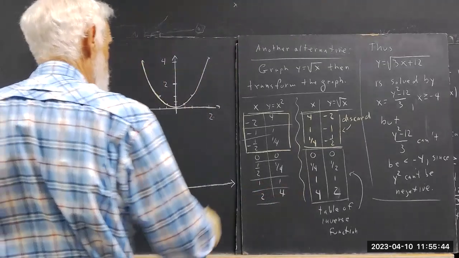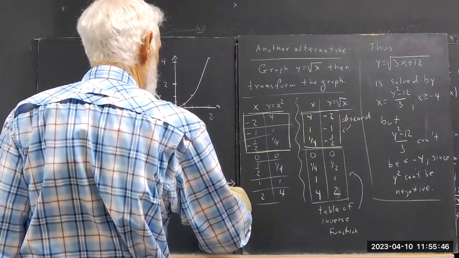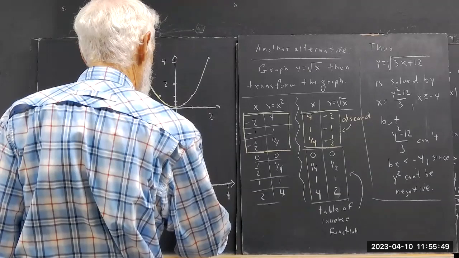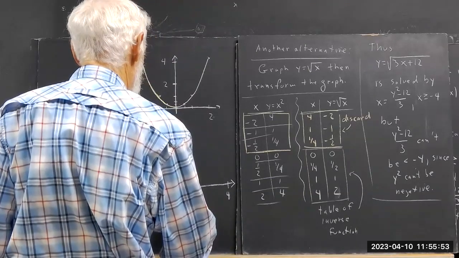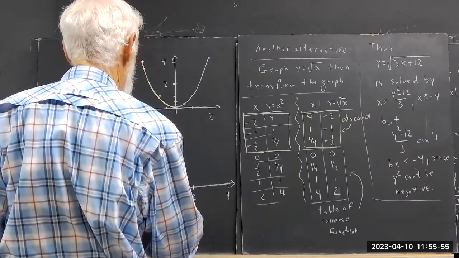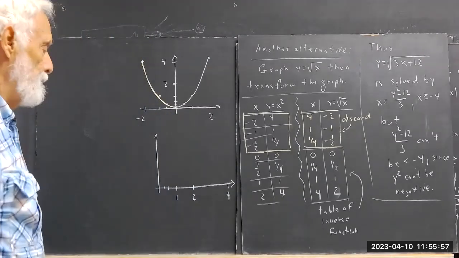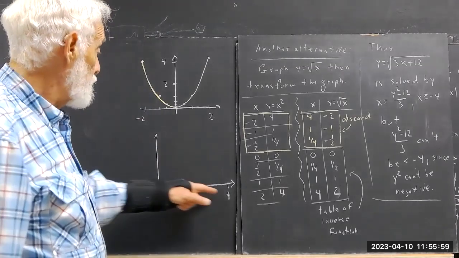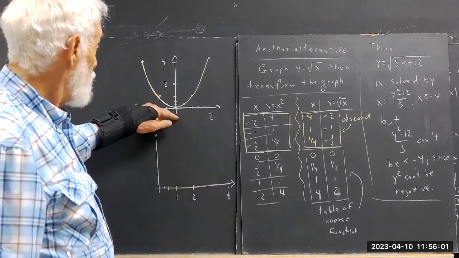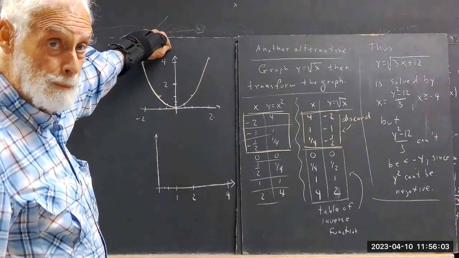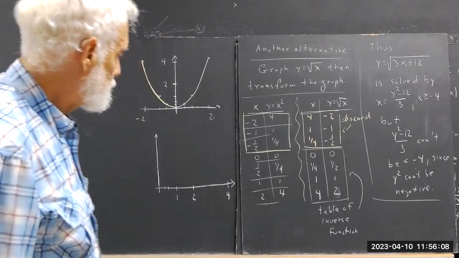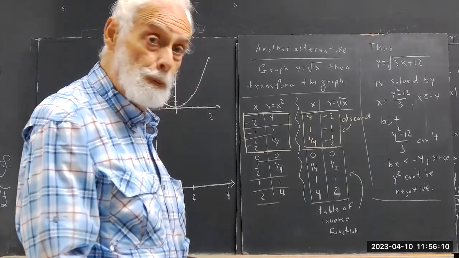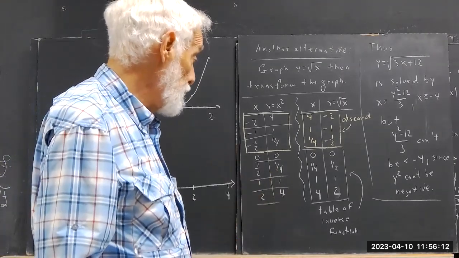Very easy. I've got to have 4 out here now. There's 2. There's 1. There's 1/2, and there's 1/4. So I label my x-axis just like I labeled my y-axis up here. The reason for that should be pretty easy to understand.